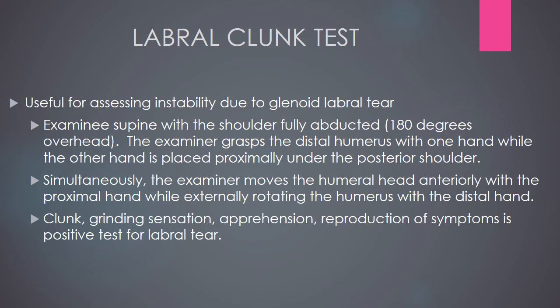It's easy to perform, and in the presence of a clunk or a grating or a clicking or a grinding or some sort of a soft tissue gristling sound that comes from the glenohumeral joint, this is also suggestive of shoulder instability. Not now due to capsulo-ligamentous laxity, but rather due to damage to the glenoid labrum.